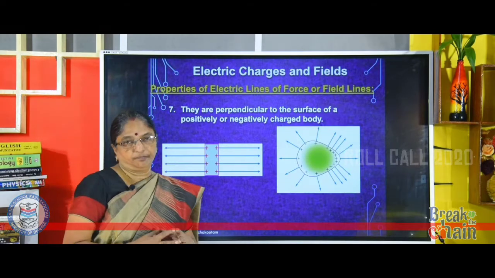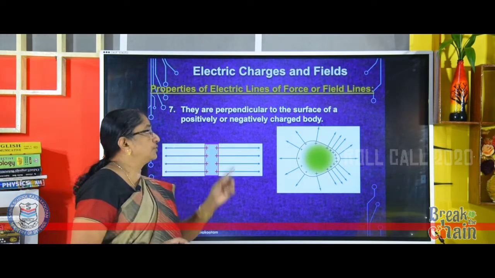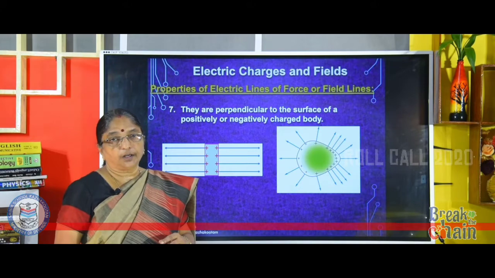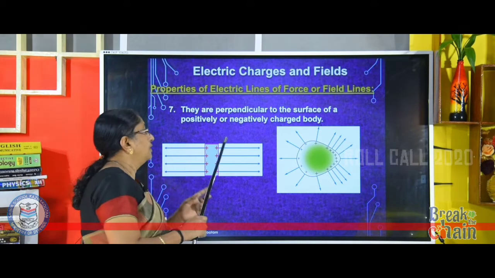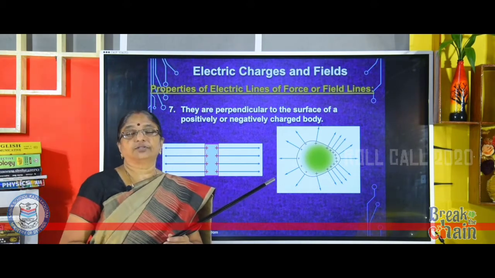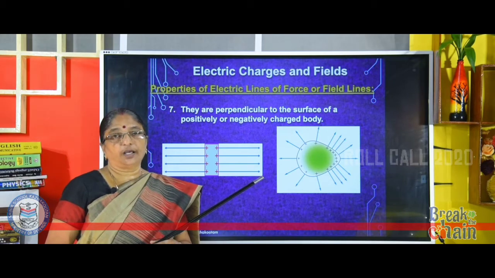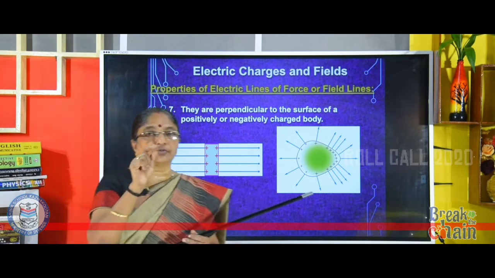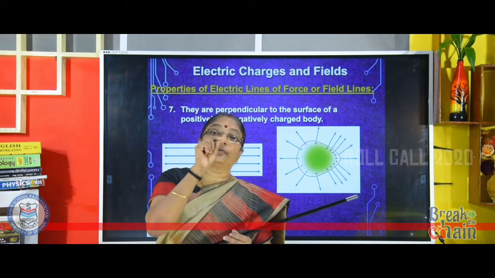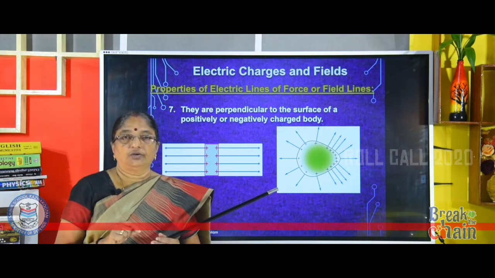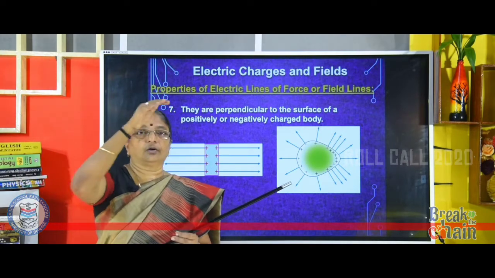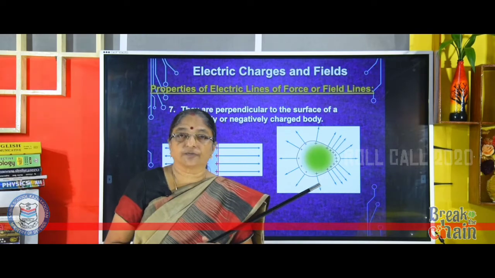Next, see, electric lines of force are always perpendicular to the surface of a positively or negatively charged body. That is why when you draw the electric lines of force due to an isolated point positive charge, you have to draw the lines perpendicular to the charge, that means along the radius.